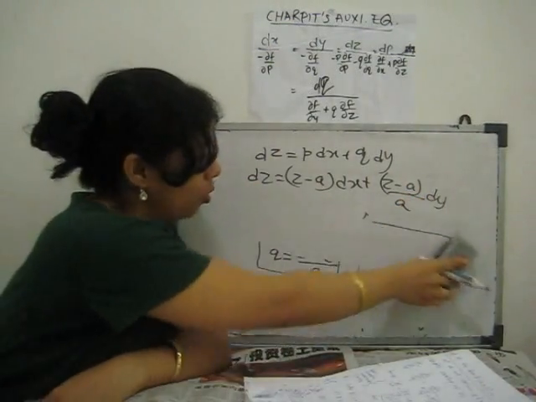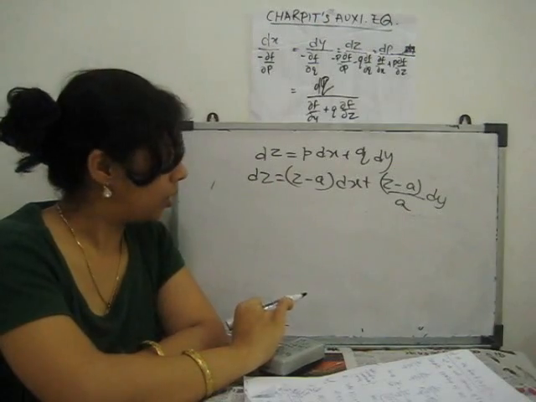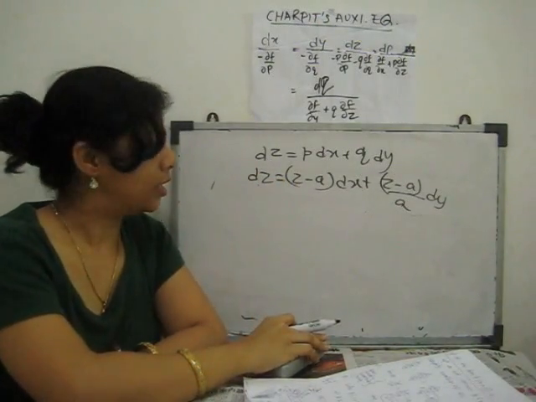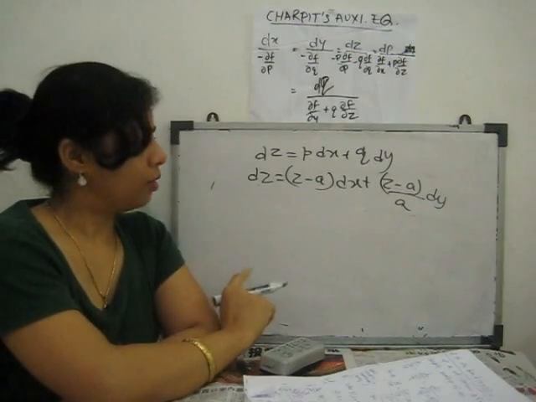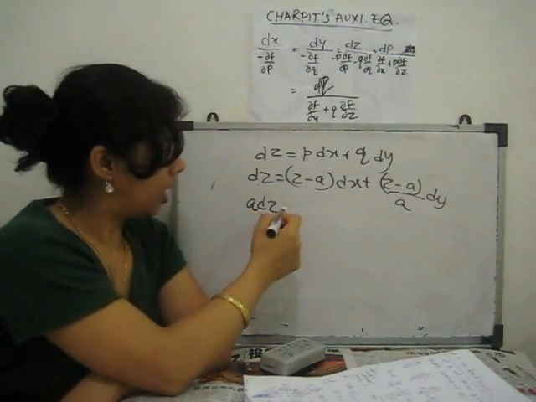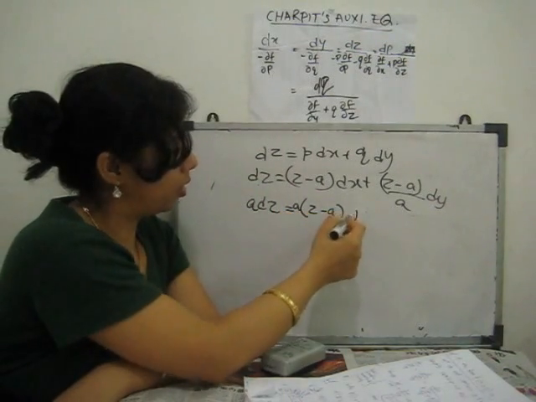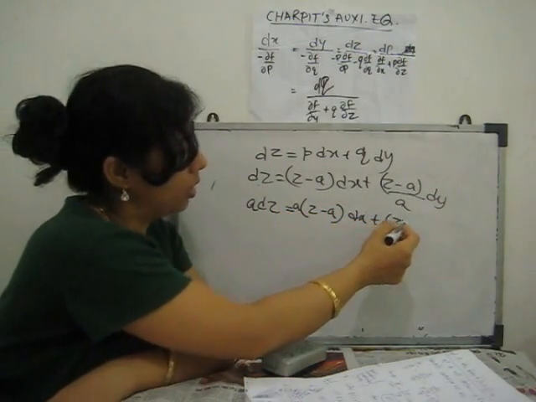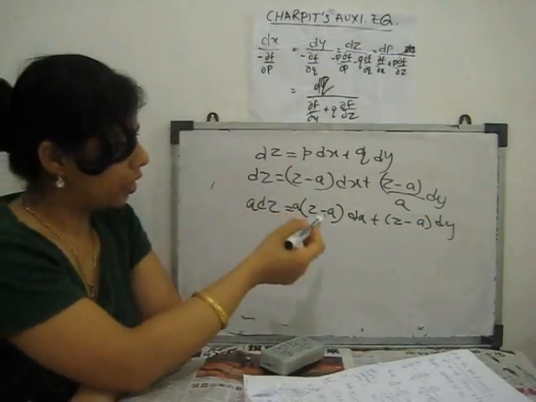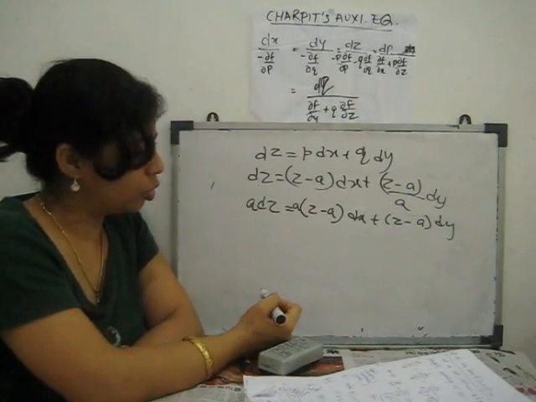Clear? Now see what happened. Every term has z. So z is always with dz because it can't be solved with the x. Step 1: first you have to take LCM. a dz equals (z minus a) dx plus (z minus a) dy. Clear? Now we have to take z minus a from both sides.